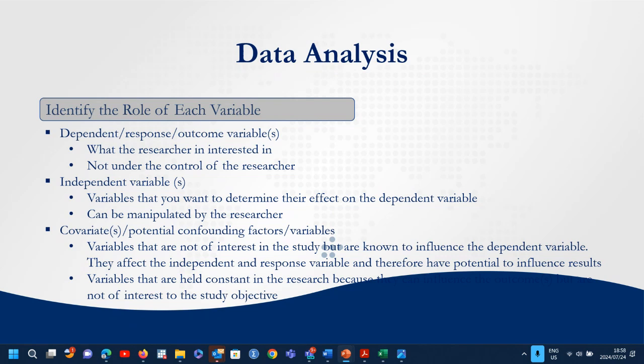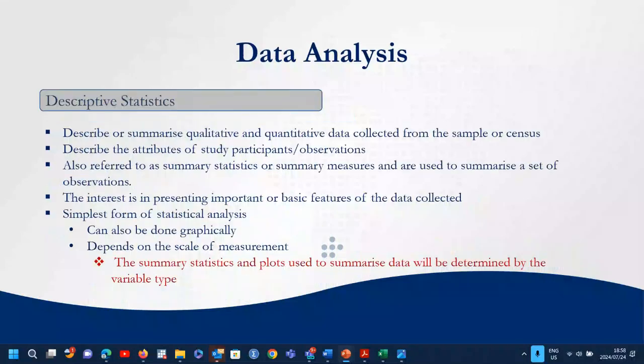Gender is there as a control variable. We control for the gender differences so that they don't influence the results. So we don't say there's a difference when it's because of the gender, not the treatment that you are giving the people.